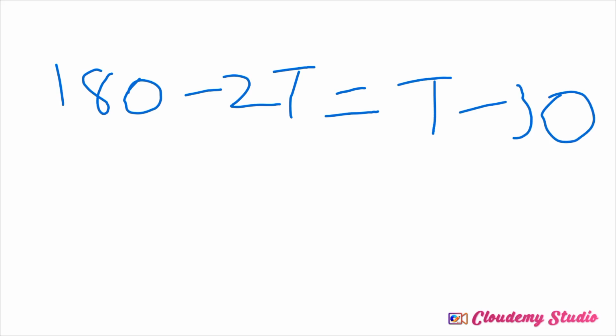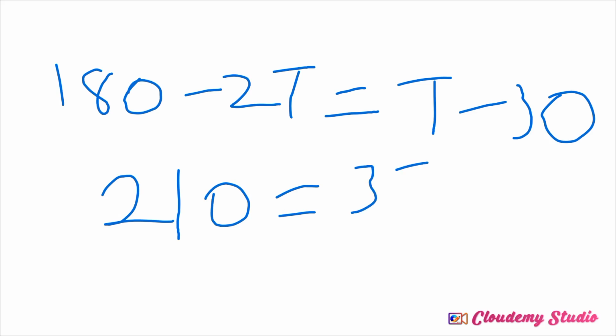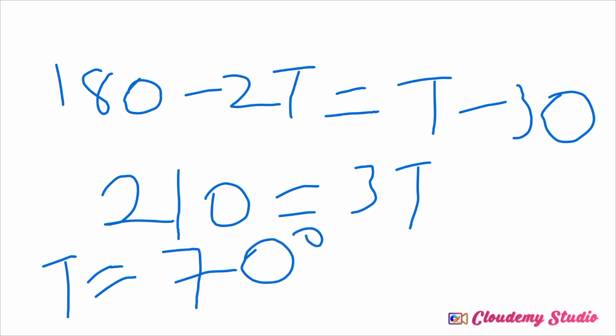When we carry this 30 to the other side, we'll have 210 equals 3T. T is equal to 70 degrees Celsius. So basically this can come in any form, and you can see how we actually solved this.